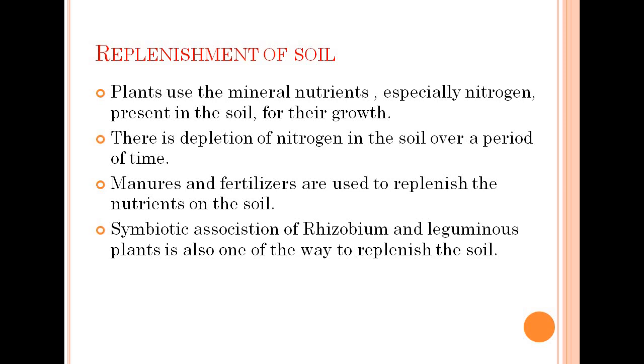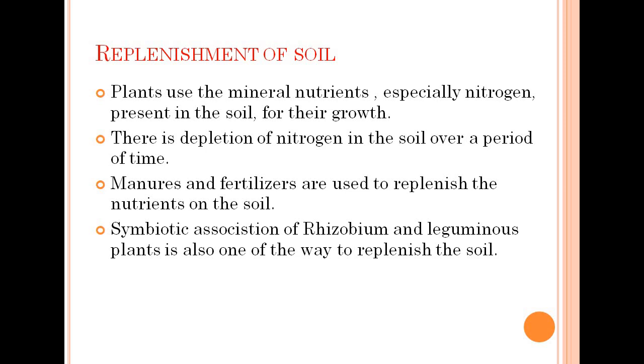So how can the nutrients in the soil be replenished? The first way is the addition of manures and fertilizers that will add nutrients like nitrogen. Besides nitrogen, they also contain potassium and phosphorus needed by plants for healthy growth. The second way is the symbiotic association of rhizobium and leguminous plants like pea.